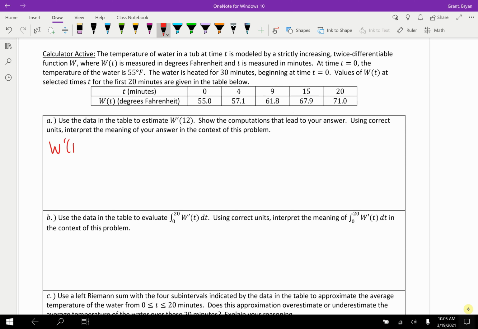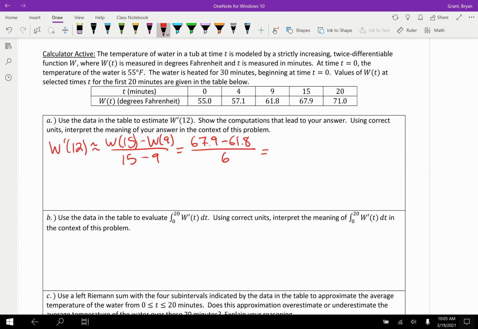So capital W prime of 12 is going to, well, sorry, not equal, we're estimating, is approximated by W of 15 minus W of 9 divided by 15 minus 9. W of 15, 67.9, W of 9, 61.8, all divided by 15 minus 9, which I'm pretty confident is 6.